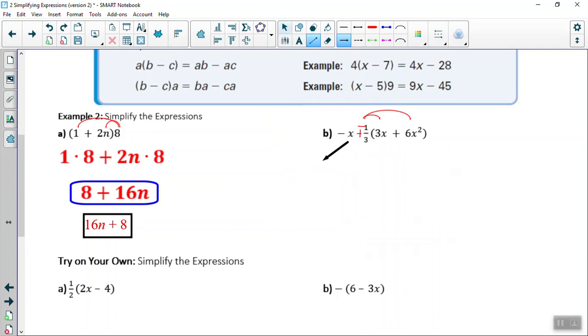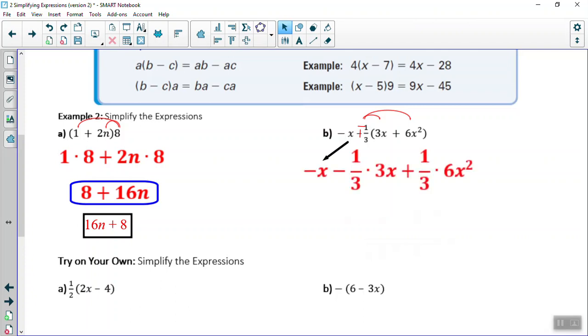And then we're going to show our work, showing that we're going to do a negative 1/3 times 3x, and then we're going to do a negative 1/3 times that x squared. All right, so there's a slight mistake in here. All right, we're going to add in this negative sign here because we really should have a negative sign here.